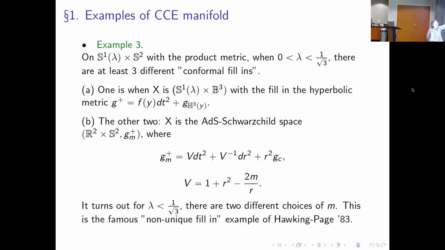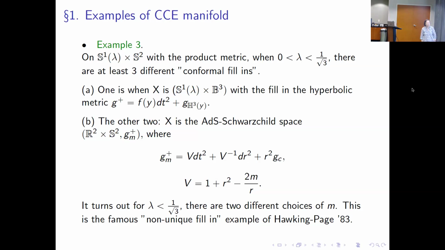The first type is you fill in S^2 and compactify it by Einstein H^3, so it's B^3 equipped with hyperbolic metric, and S^1 stays the same, and you take the product. In that case, this is a hyperbolic manifold, and this one exists for all lambda. But there's another way of filling in: you fill in S^1 by B^2, or S^1 by R^2, and then cross S^2.